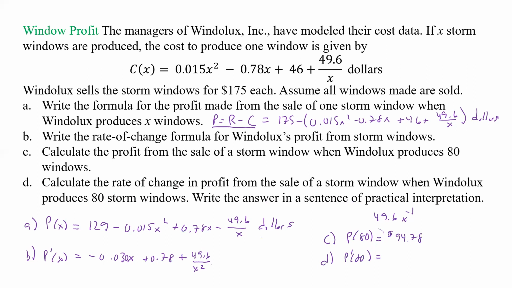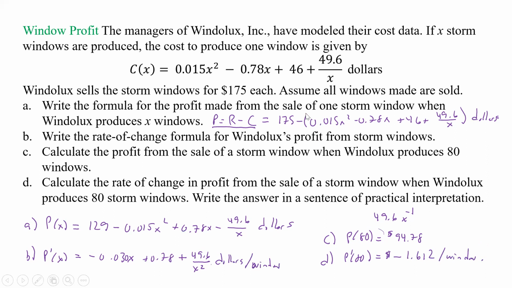And we get, in this case, dollars again per window. And so this is a negative 1.612 dollars per window.